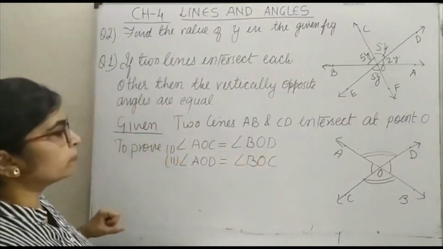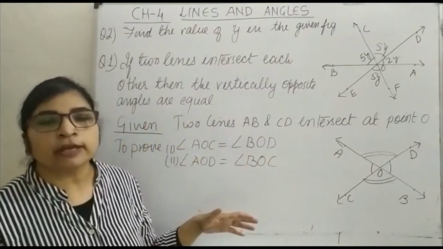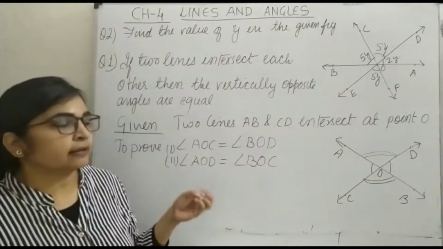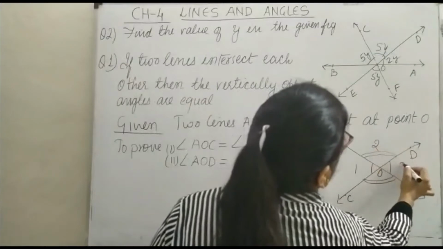Now just see how we can prove this one. We can label the angles, and we can also give the angles numbering, like I have given here 1, 2, 3.